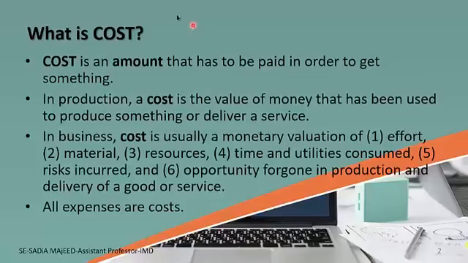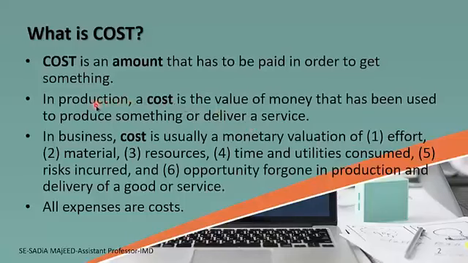Let's first discuss what is cost. Cost is an amount that has to be paid in order to get something. In production, a cost is the value of money that has been used to produce something or deliver a service.